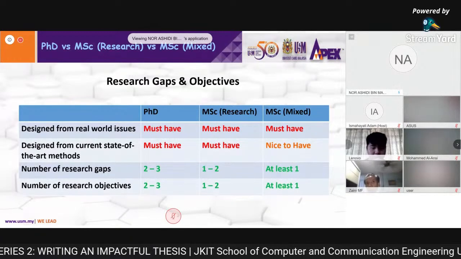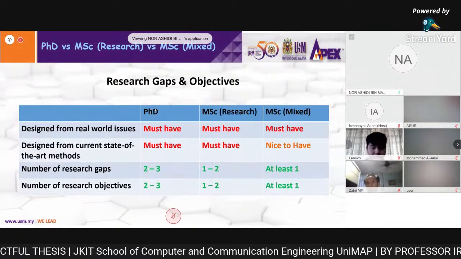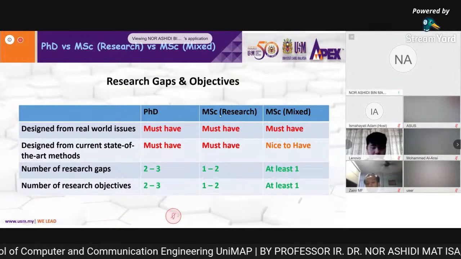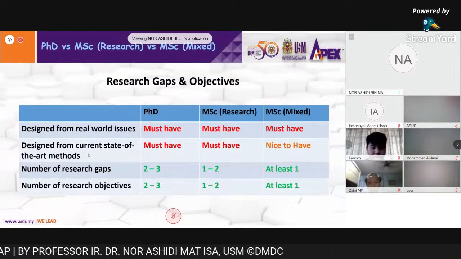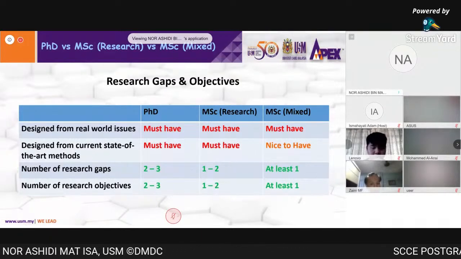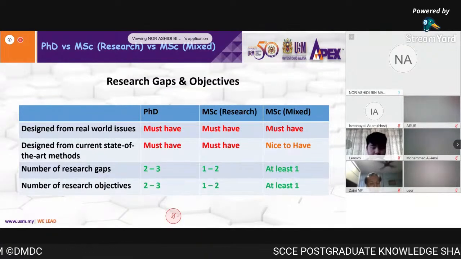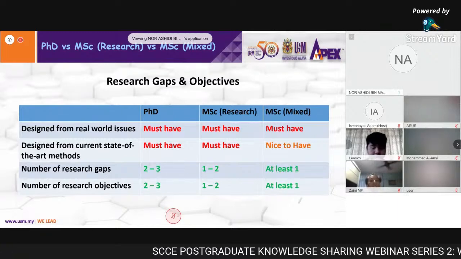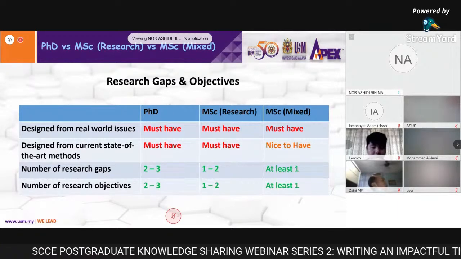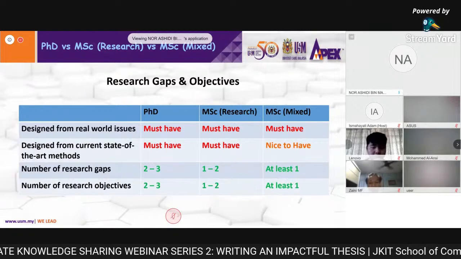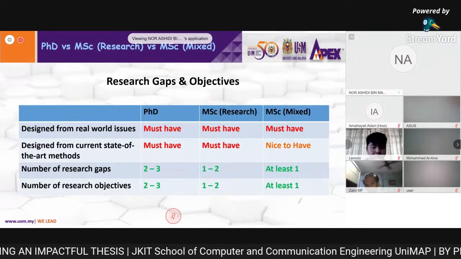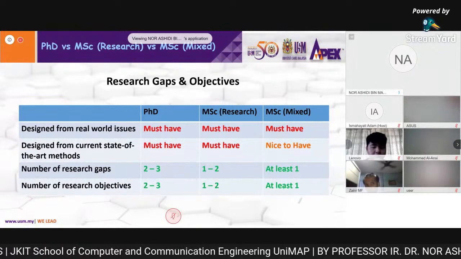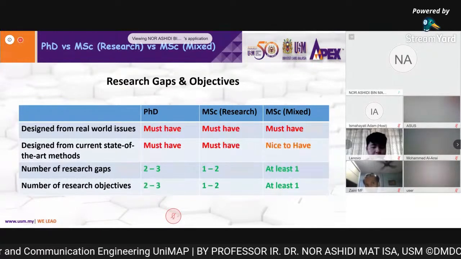the real world issue. And you, as a PhD or postgraduate student, master as well, need to identify, critique, and review in detail those techniques, method A, method B, and method C. What are the problems of method A, method B, and method C? From there, this is what we call designing your research gaps from the current state of the art methods.